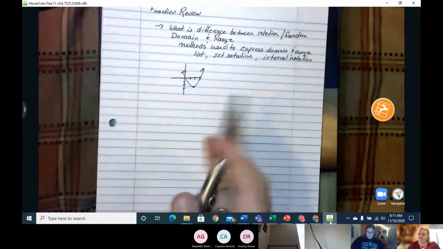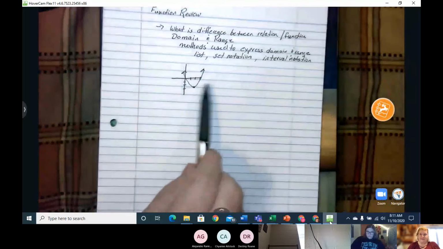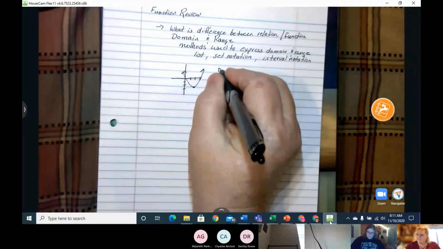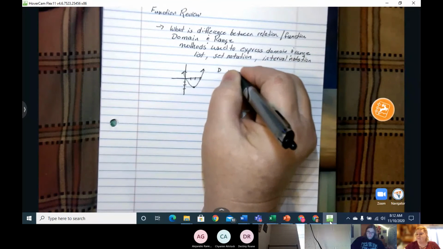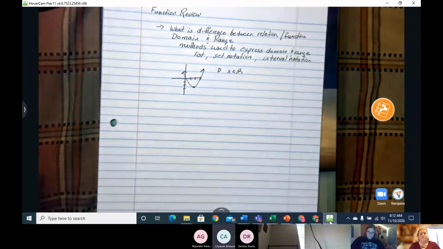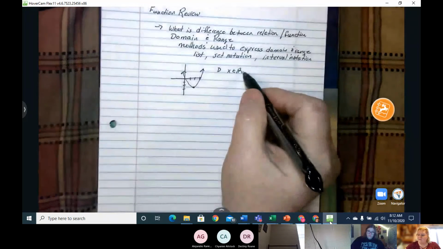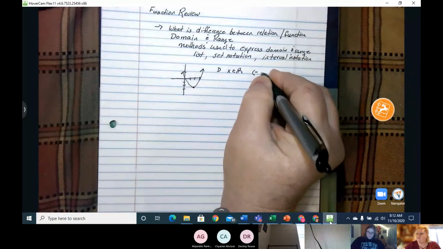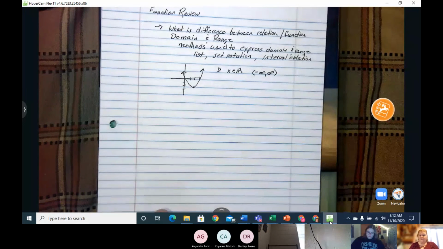A quadratic, because it is extending on the x-axis forever, the domain for that would be all real numbers. So you could say x is a member of the all real numbers. That is one way to express the domain. If we were using interval notation, we would say it's from negative infinity to positive infinity.